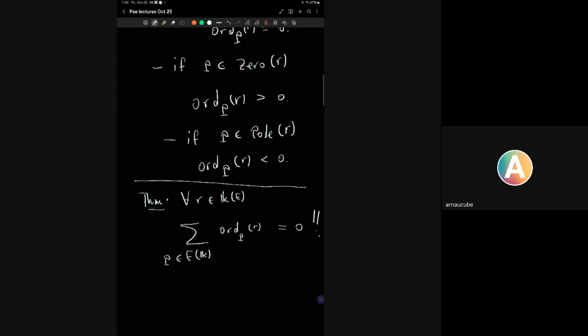In my opinion, this is a very surprising result. If you don't know what is going on, this means that there is a very powerful symmetry, right? It's like I have a rational function, I don't know anything about it, I look at the number of poles and the number of zeros, and I count each with their multiplicity, and I get 0.